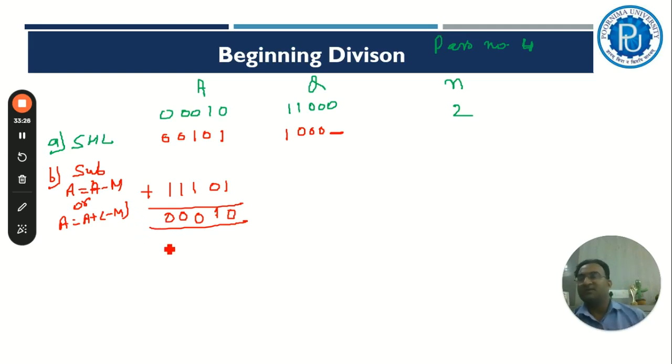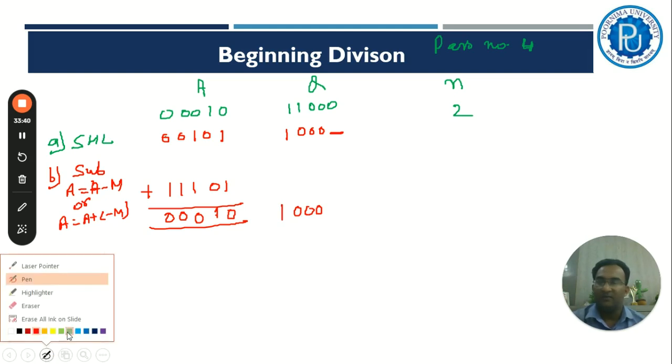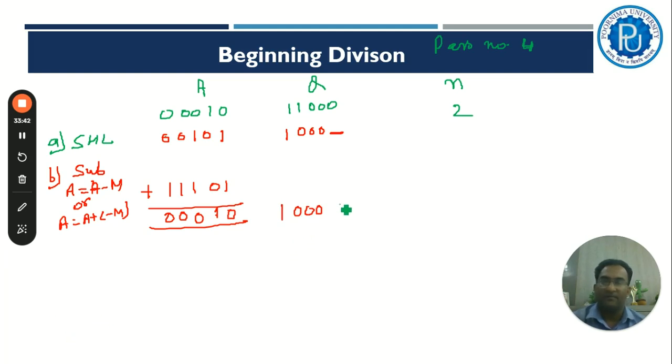So now in this step, after doing the subtraction, the value of A is positive, that is, MSB is 0. That's why the LSB of the Q register will become 1. I'm repeating once again: after doing the subtraction, the accumulator is holding a positive value as the MSB of A is 0.